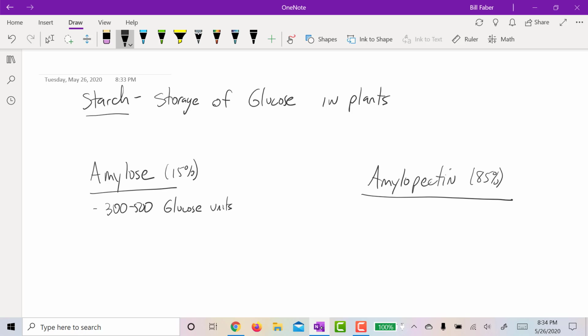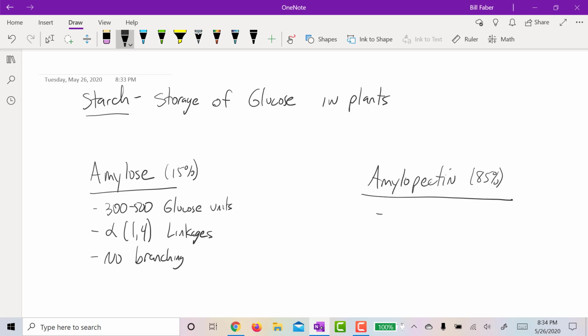Okay, remember, polysaccharide, many of these. And they have alpha 1,4 linkages, just like maltose. And there's no branching. So that takes care of the four characteristics: one type of monosaccharide, how many, 300 to 500, the type of linkages, and there's no branching.